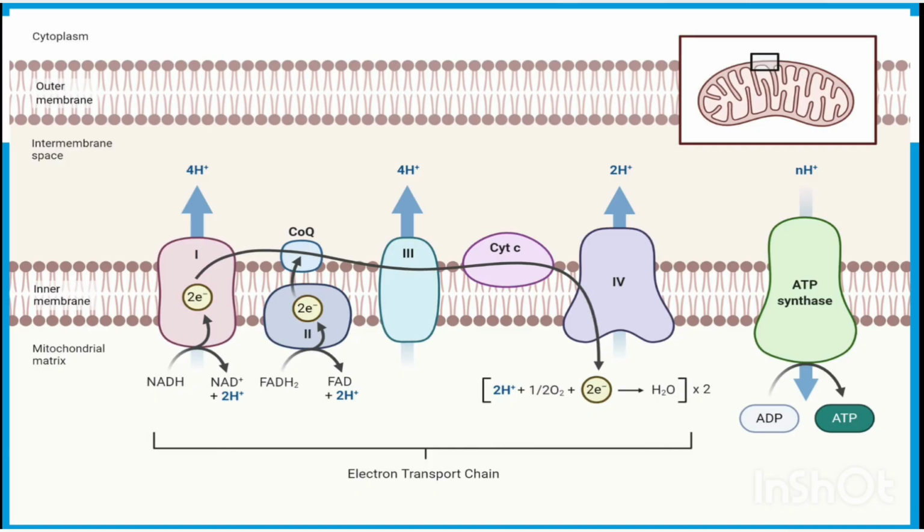At first the electron is accepted from the substrate to NAD+, then to FAD, then to CoQ, then cytochrome B, then to cytochrome C1, then to cytochrome C, then finally to cytochrome A and A3. The final acceptor is the O2 molecule, producing water.